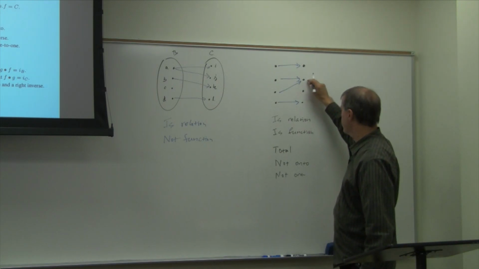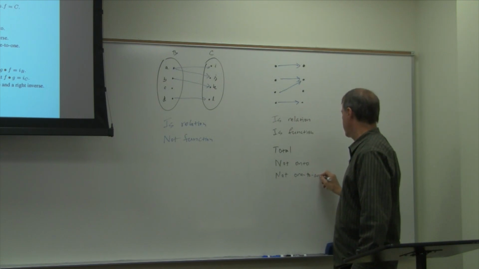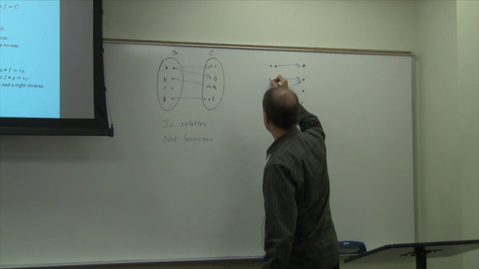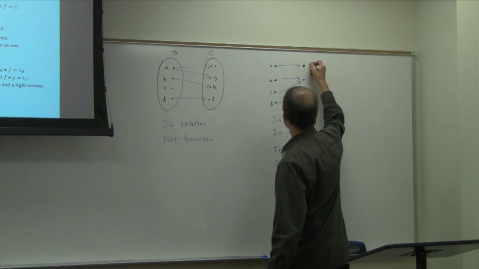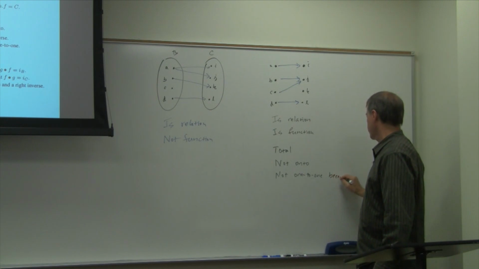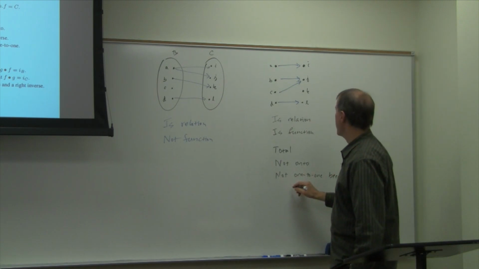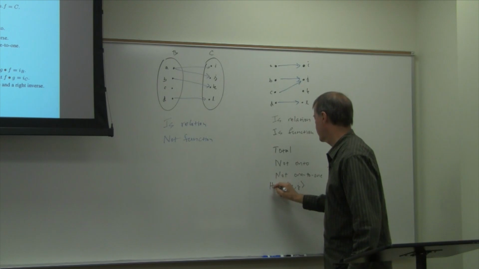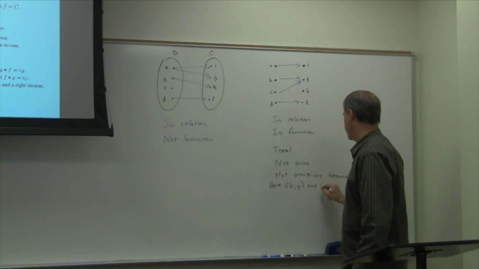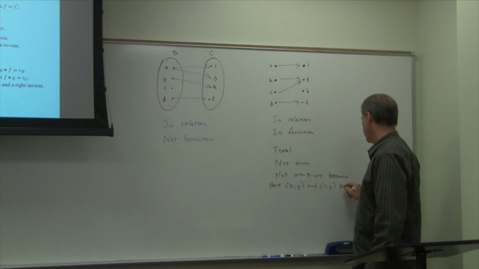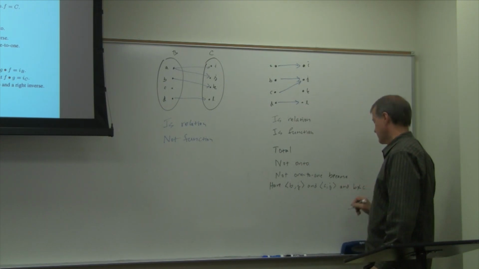Let's make this explicit: A, B, C, D, and I, J, K, L. It's not one-to-one because we have BJ and CJ, and B is not equal to C.